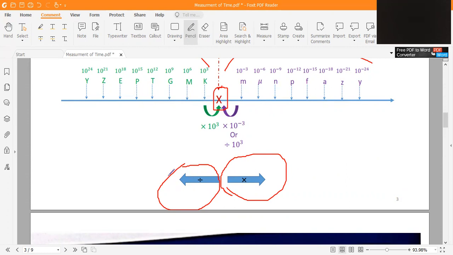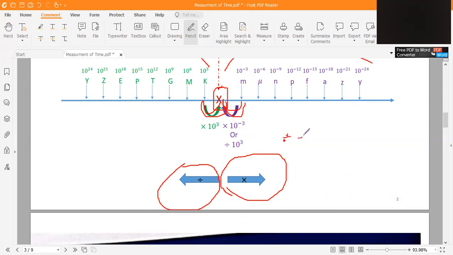So, for example, from milli to kilo, we are moving two steps to the left, so we should divide.